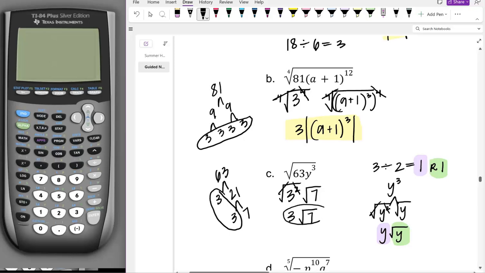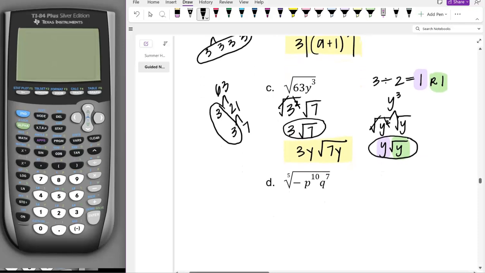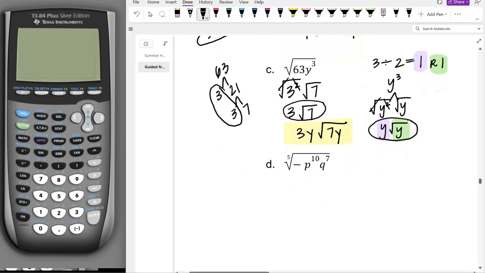Now let's put these two answers together. On the outside of the root, we have 3y. Under the root, we have 7y. That's your final answer. Oh, double check. Do we do even roots of even powers? No, so we're good. We don't have to worry about a square root. All right.